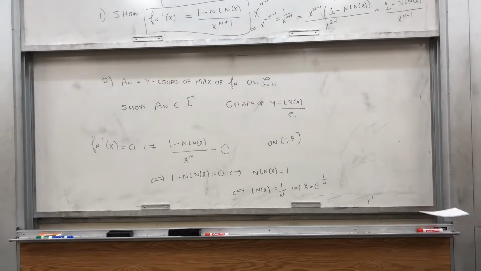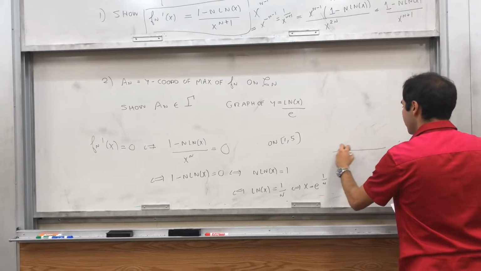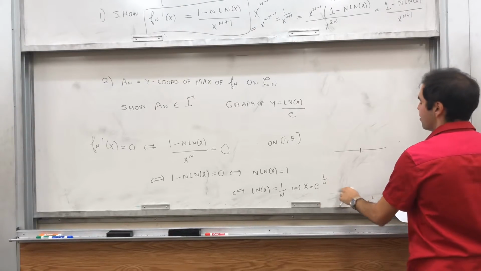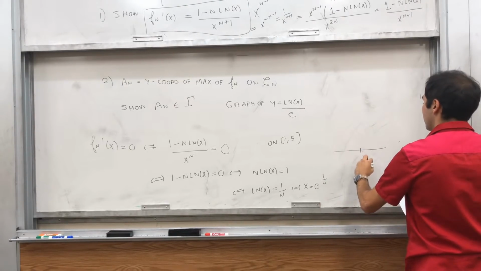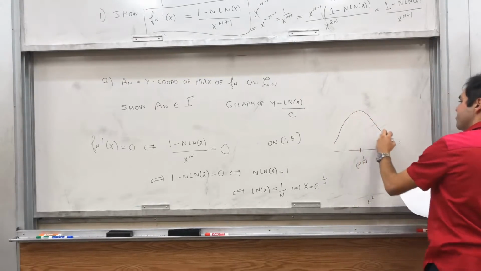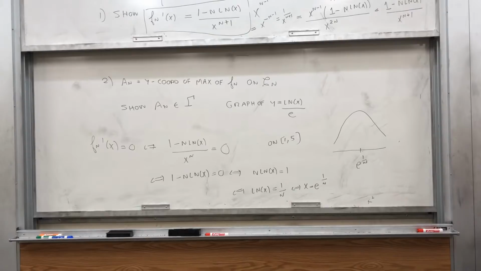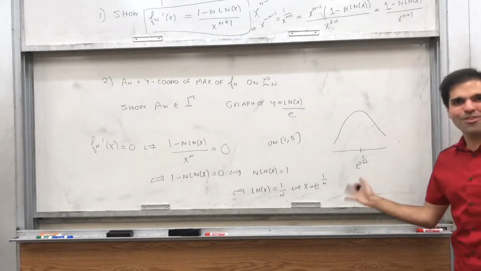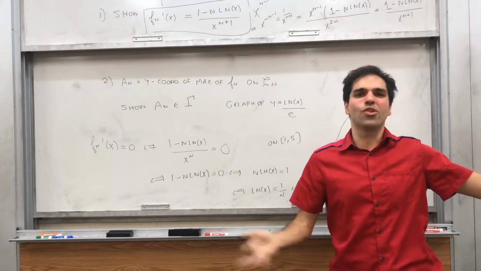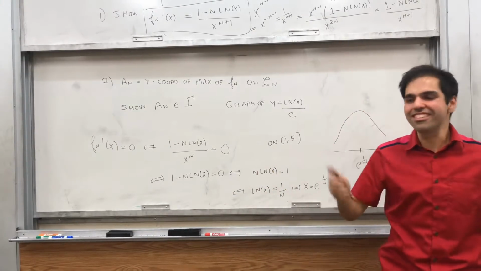So a candidate for the x coordinate of the maximum would be e to the 1 over n, but we just have to justify that it's a maximum. And this is also very important. Usually in the American system, they say show your work, but just to check that you didn't cheat.